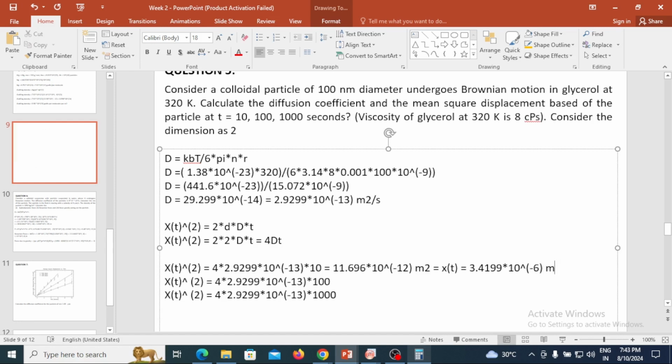So this is how you calculate x of t or x of t square. The rest you can do on your own, because it's just about plugging in the numbers and calculating the value of x of t the whole square, the mean square displacement, or the mean displacement.